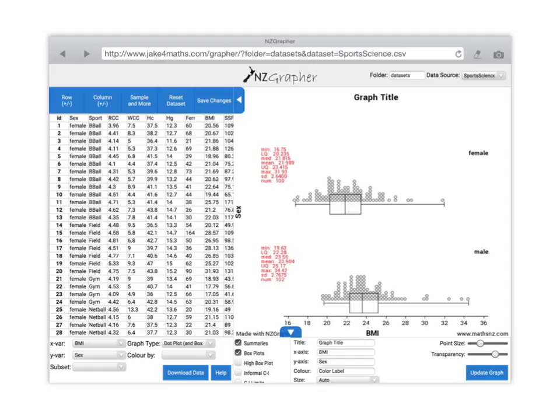So if we look at this here, right, what we want to do is we want to find our interquartile range. We're going to go upper quartile minus our lower quartile. We'll work it out quickly.